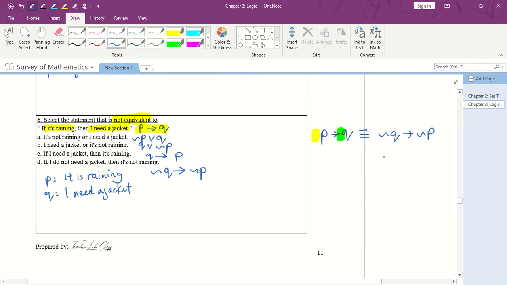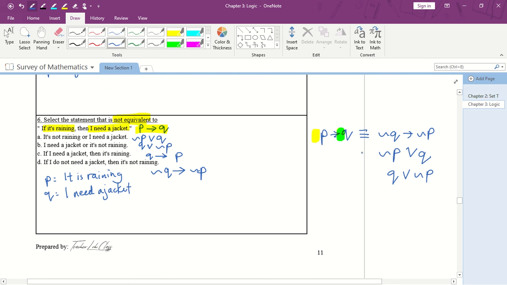So if it is opposite, it will be negation P, and it is the same, or Q. Okay, and now once we found that, is there any other way that we want to find it? Of course, negation P or Q is the same thing as Q or negation P.